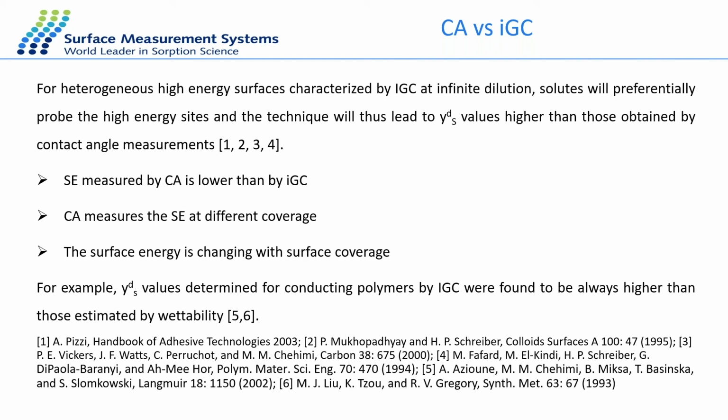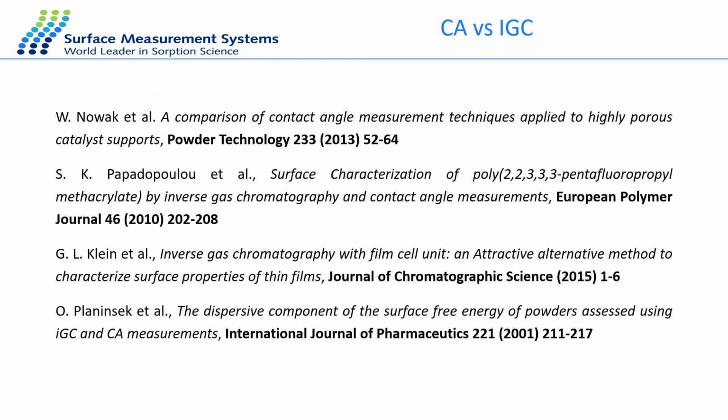So there are a lot of publications which already highlight that it's not easy to compare the surface energy values measured with two different techniques straight away. And it can also be different, because they measure the surface energy at a different dilution, different coverage.